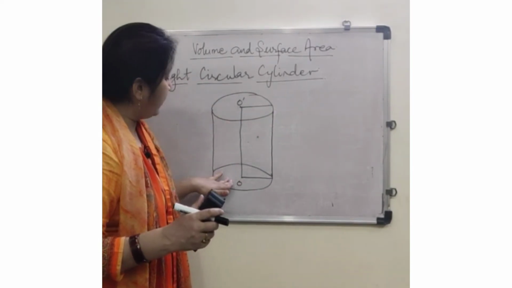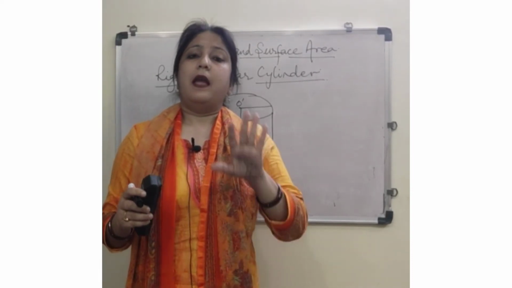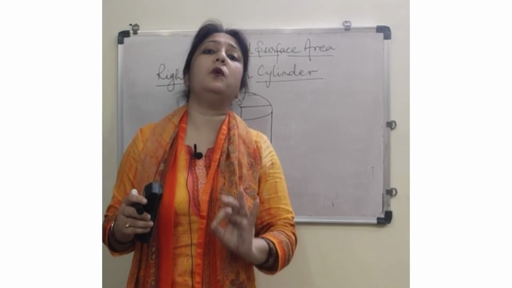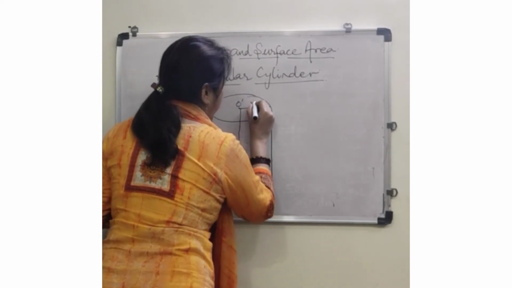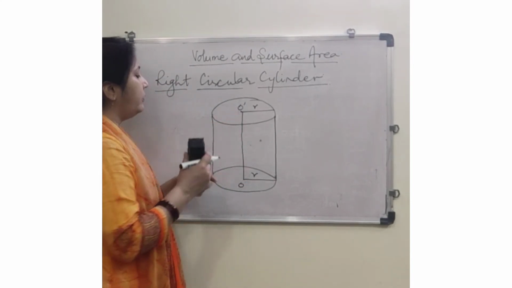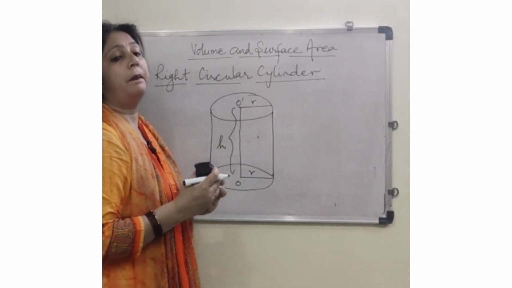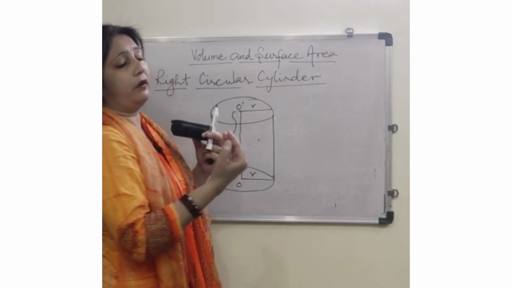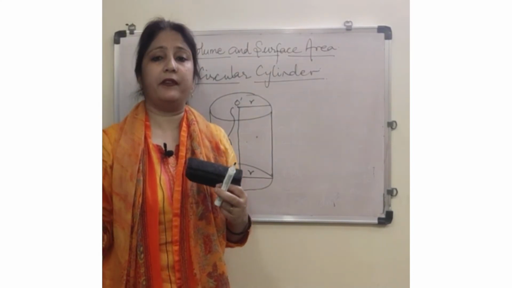These two flat surfaces are circles, congruent circles, which means their radii are the same. The line joining the two centers of these circles is known as the height of the cylinder, and the side one is the curved surface, which we will take up in the next video when I will take you to surface area.